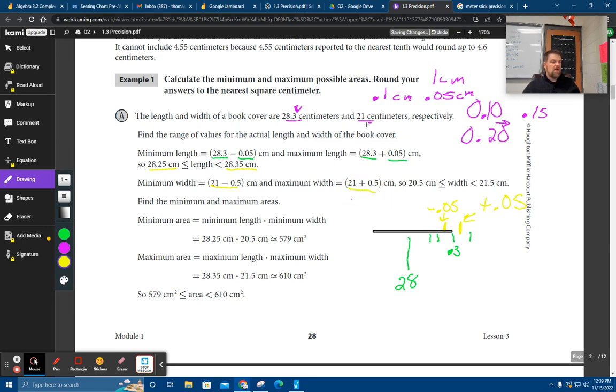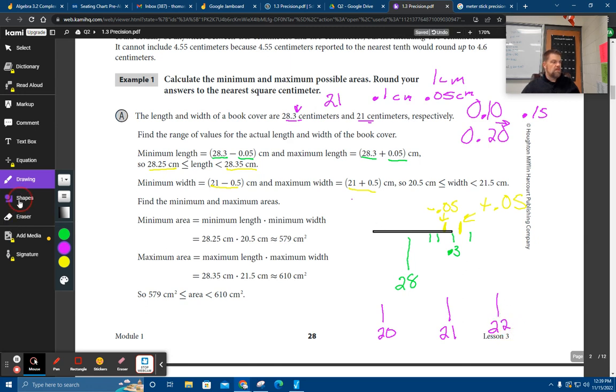Now, why is it 0.05? Because 21 is the same as 21.0, or whatever, but it's the same thing. I can have 20 centimeters here, 21 centimeters here, and 22 centimeters here.